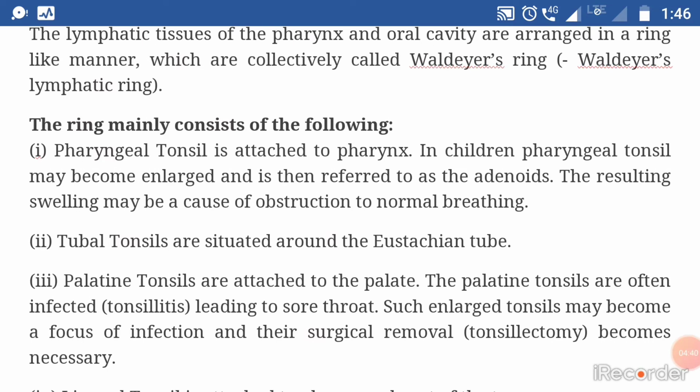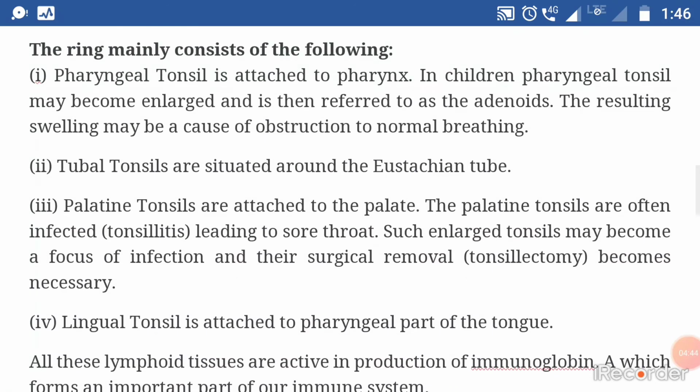Tubal tonsils are situated around the eustachian tubes, and palatine tonsils are attached to the palate. The palatine tonsils are often infected, leading to sore throat. Such enlarged tonsils may become a focus of infection, and their surgical removal becomes necessary.